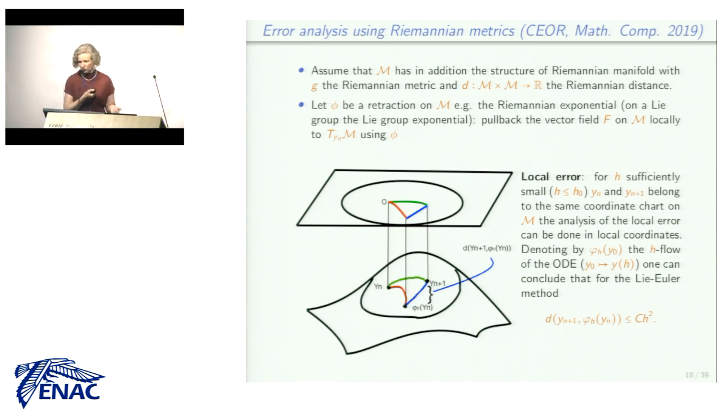What do we do? The setting is as follows. We have a Riemannian manifold with a Riemannian distance on it, and we assume we are given a retraction. For example, this could be the composition of the Lie group exponential with the Lie group action. This is what I had in my previous example. Or you could have the Riemannian exponential if you prefer.